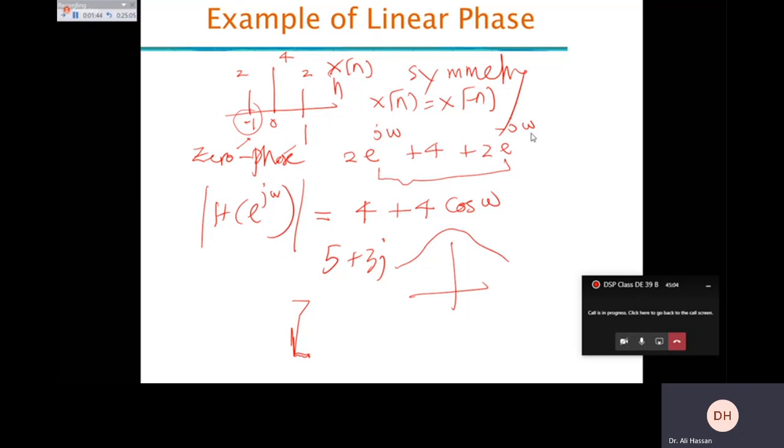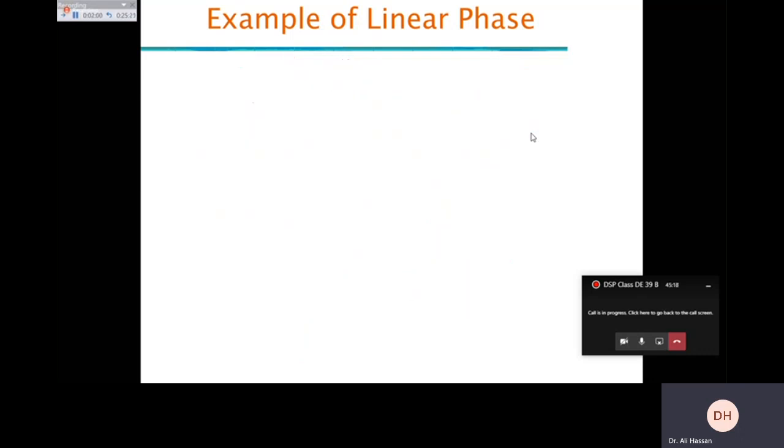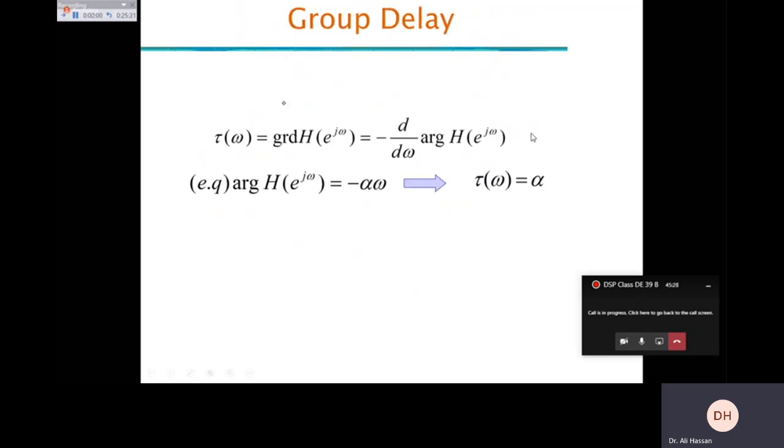In the second step, you shift it to make it causal. But a shift in time is multiplication by an exponential. So if you shift this in time, your function will appear as this.